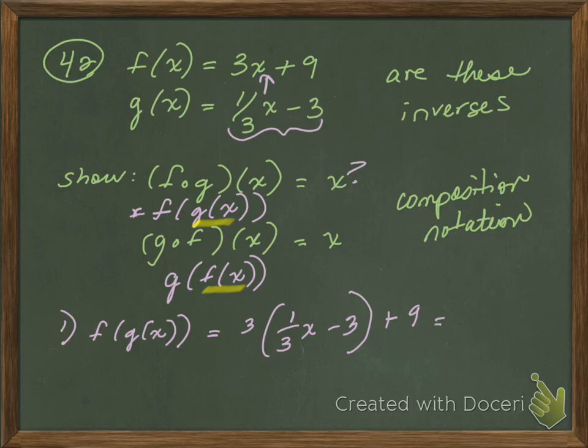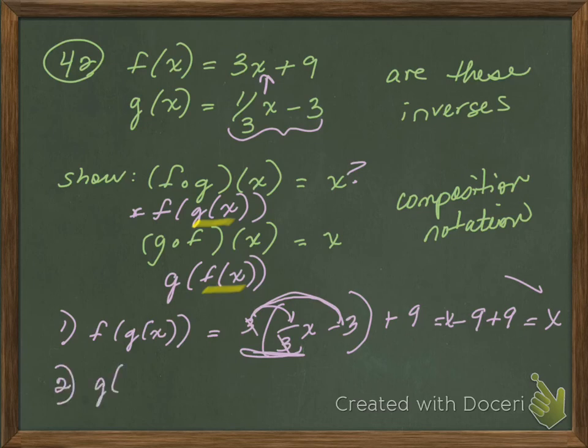Okay, and then you distribute here. 1/3 times 3 is just 1. 3 times negative 3 is negative 9. So negative 9 plus 9 here, and we have the x from right here, right? So we have x minus 9 plus 9. So yes, that's x. So we're good to go, that satisfies the first requirement.